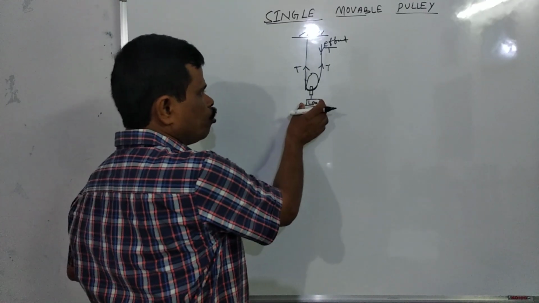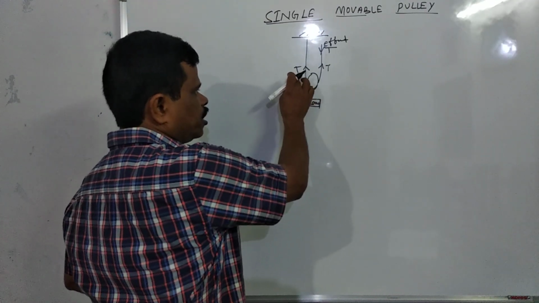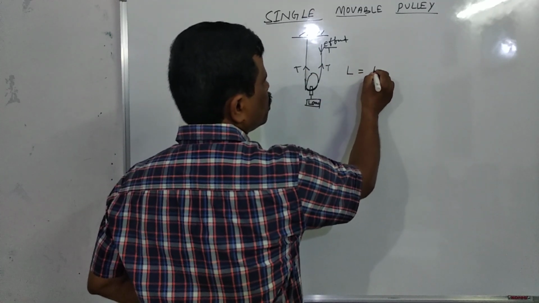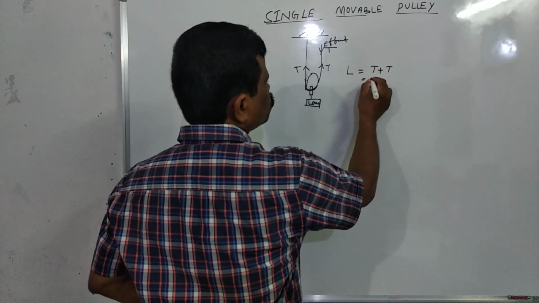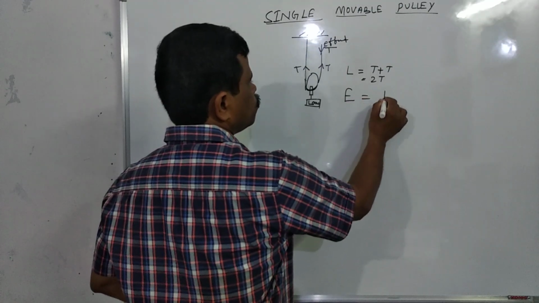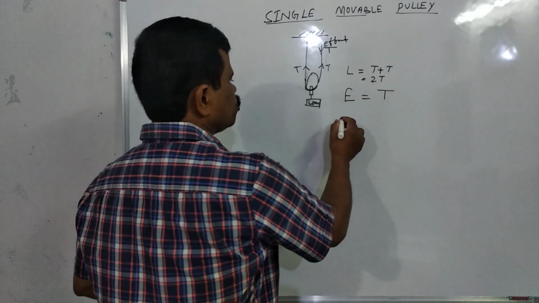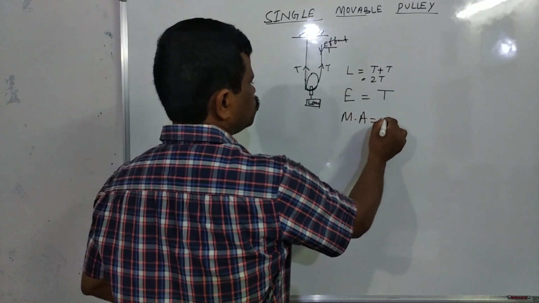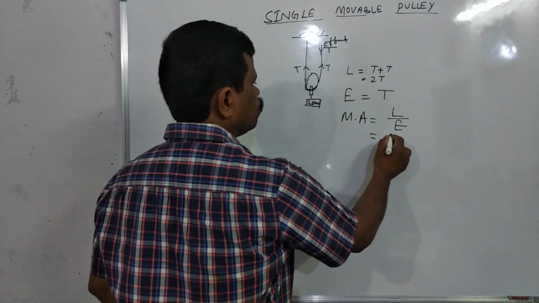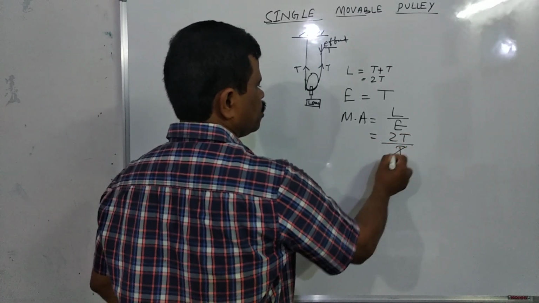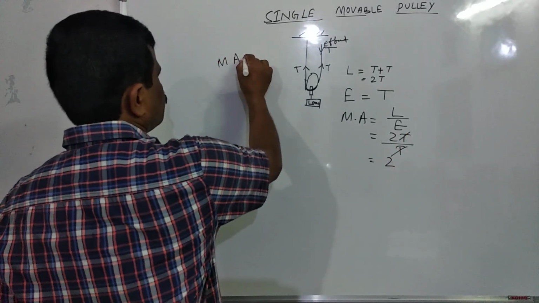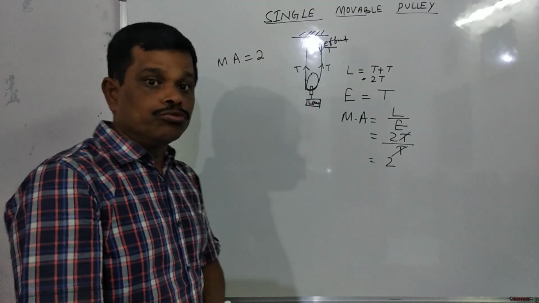That is, due to this load, here a tension T and here it is the tension T. So your load L is equal to T plus T, which is equal to 2T, and your effort is equal to P. So mechanical advantage is equal to load divided by effort, which is equal to 2T divided by T. So T cancels, 2. So the mechanical advantage of a single movable pulley is 2.